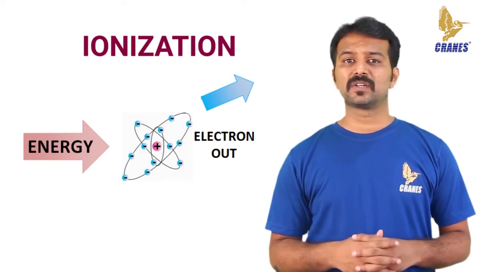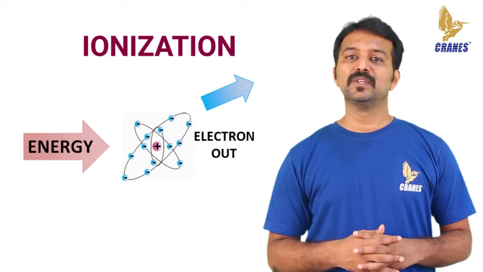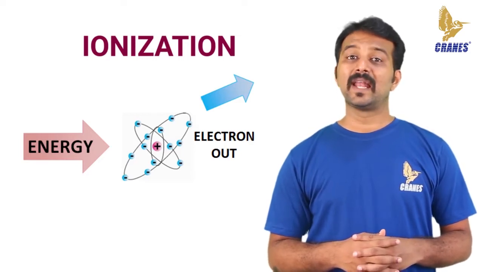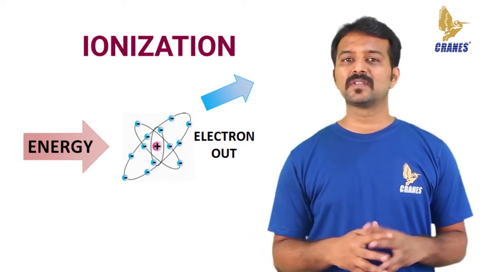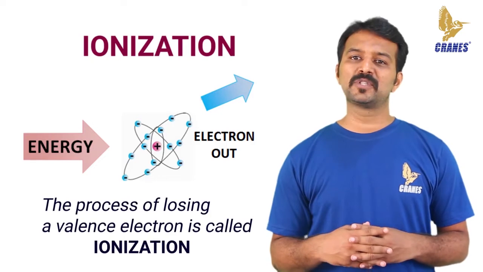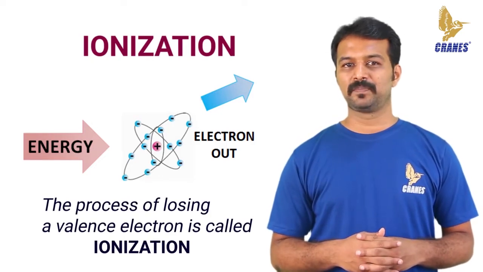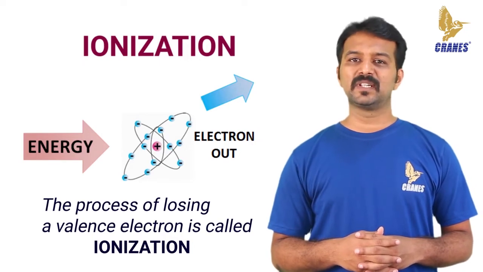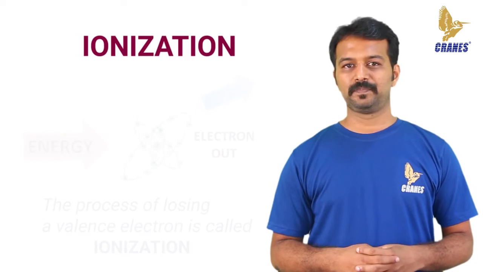The departure of a valence electron leaves a previously neutral atom with an excess of positive charge, that is, more protons than electrons. The process of losing a valence electron is known as ionization, and the resulting positively charged atom is called a positive ion.